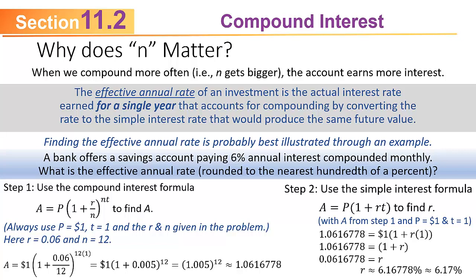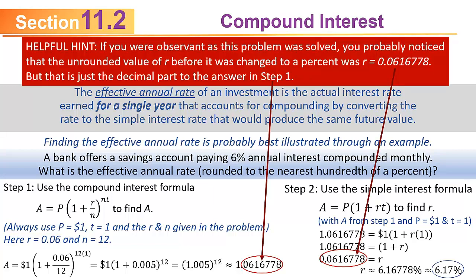Now, I know that looks like a lot of work, but I'm going to show you a shortcut. If you look at this, in that step 2, you got to a stage where you had 0.0616778. If you look back at the end result of step 1, that 0.0616778 showed up, but it was 1 point that.